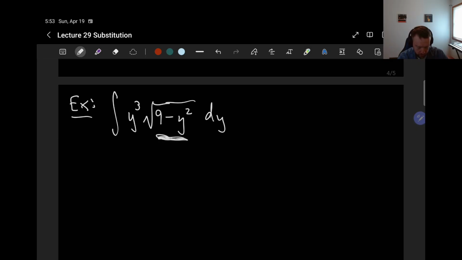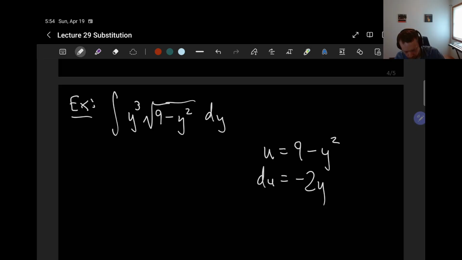Well, I am looking for a good inside function. Let's try to make that our u. And then du is negative 2y dy.